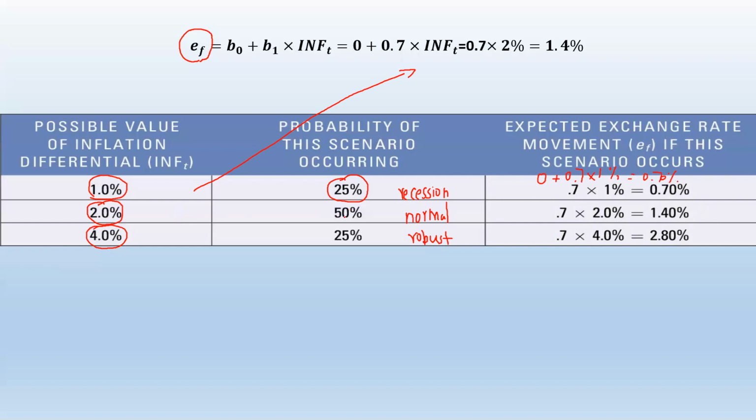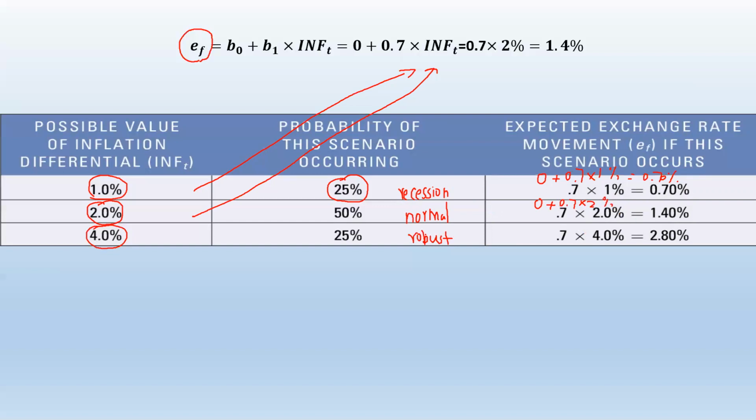And when the economy is in normal status, the possible inflation differential is 2%. And then we plug this 2% into this regression model again. We found that the expected exchange rate movement will be 0 plus 0.7 times 2%, so it's 1.4%.